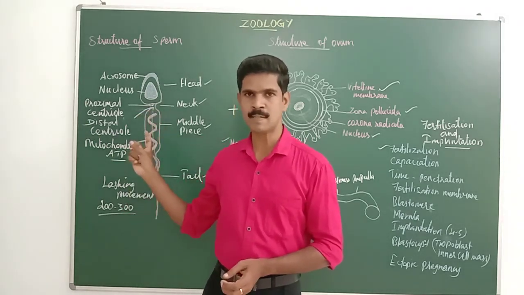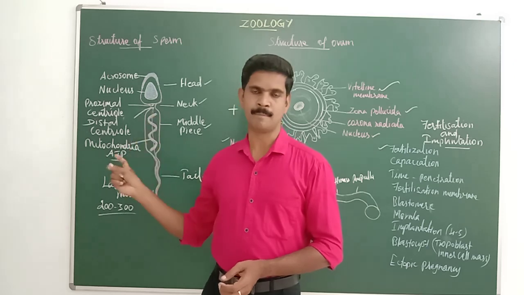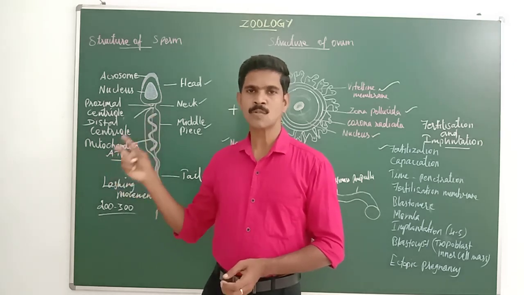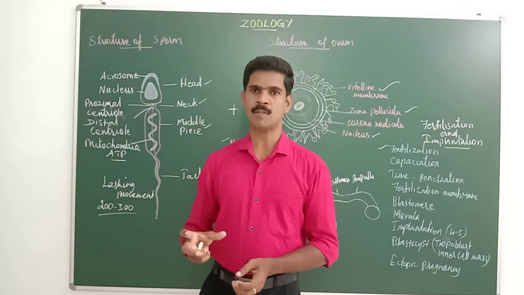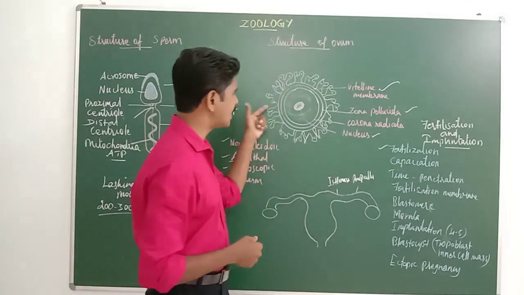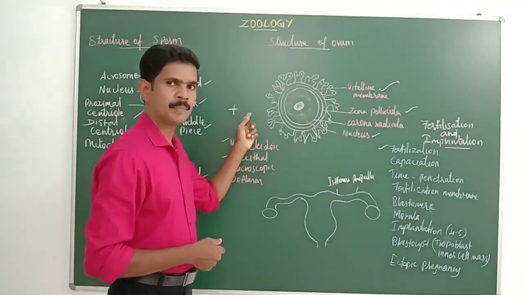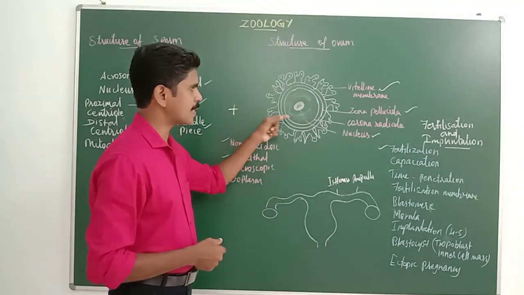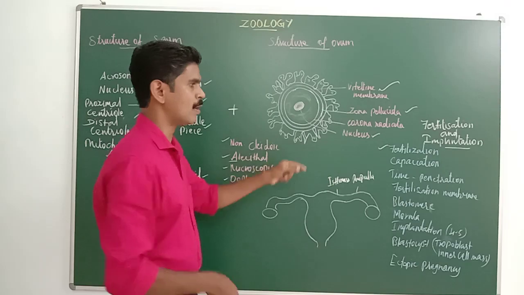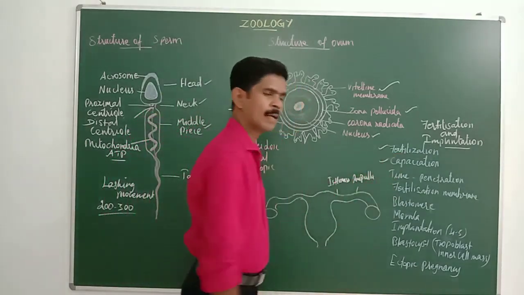With the help of this biochemical event only, the sperm penetrates inside the egg. The biochemical events of the sperm used to penetrate inside the egg are called capacitation.